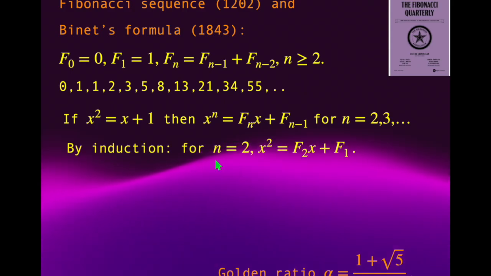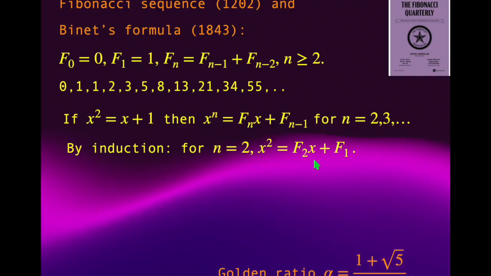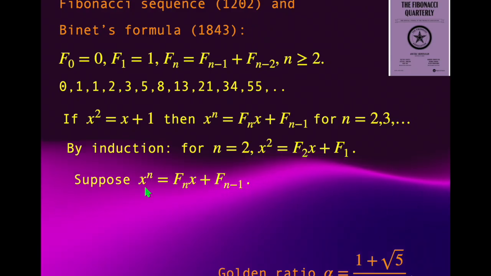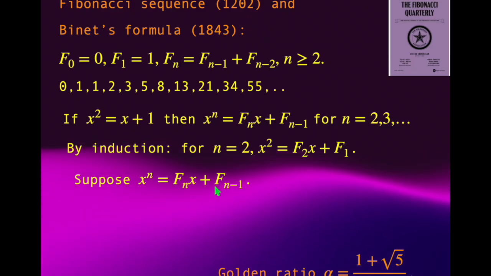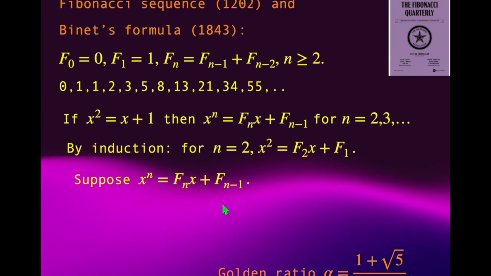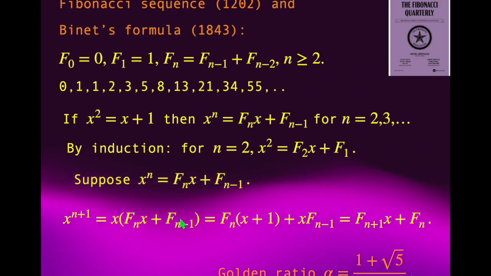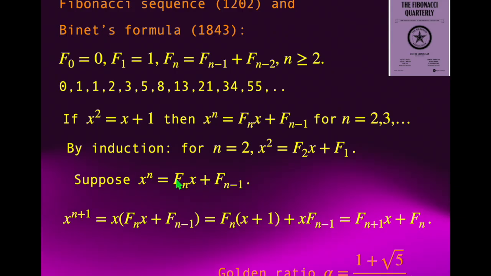So for n equal 2, we have x squared equal F2 x plus F1, because F2 is equal to 1 and F1 is equal to 1. If we suppose that x power n equals Fn x plus Fn minus 1, we get that x power n plus 1 is x times x power n, but x power n is this expression.